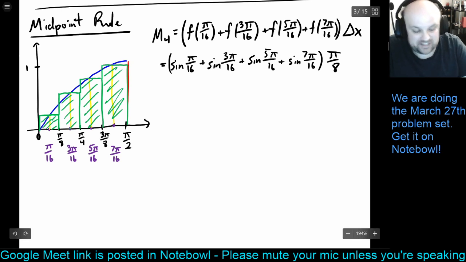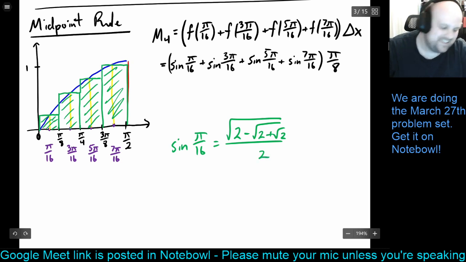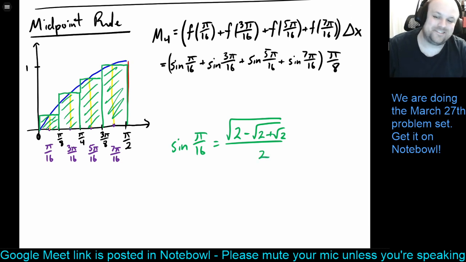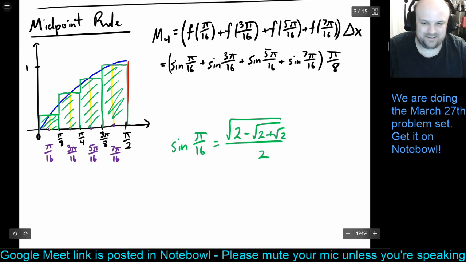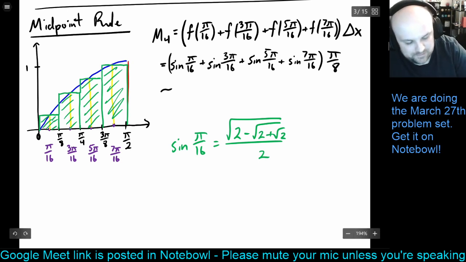But if anyone's curious, for example, sine of pi over 16 is square root of 2 minus square root of 2 plus square root of 2, over 2. If anyone happened to be interested in what that is. But by no means am I expecting you to write this. This is just calculator stuff at this point, right?